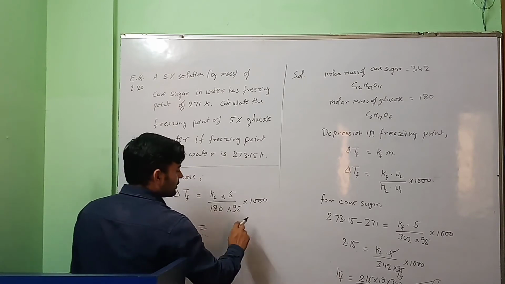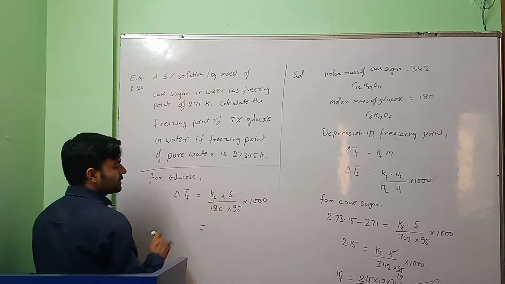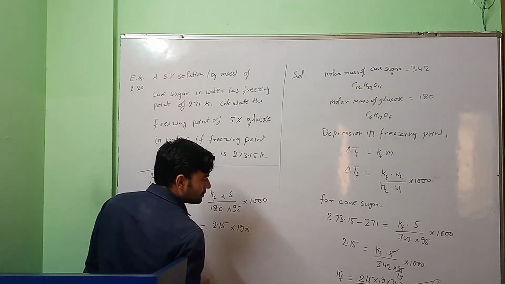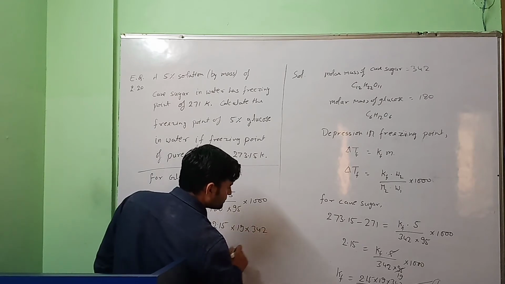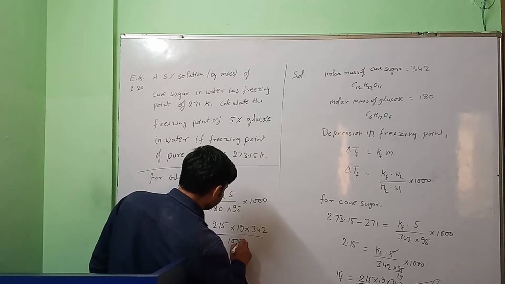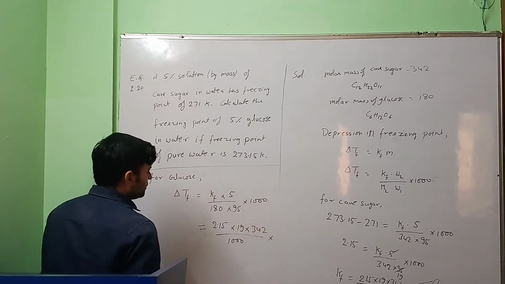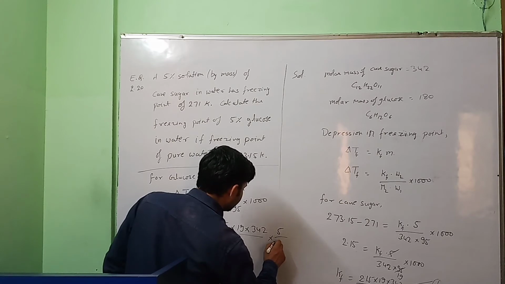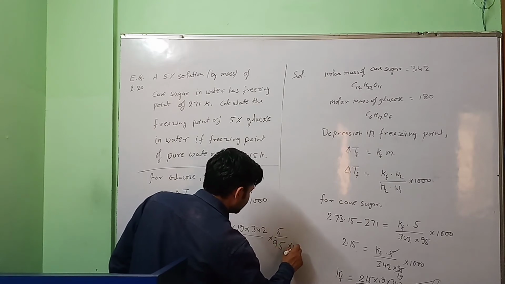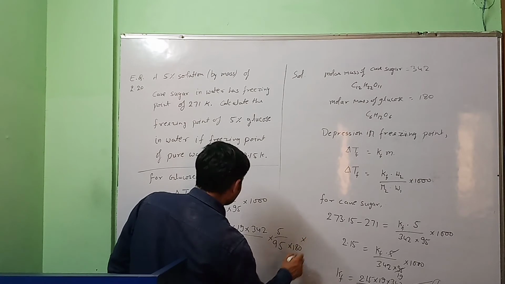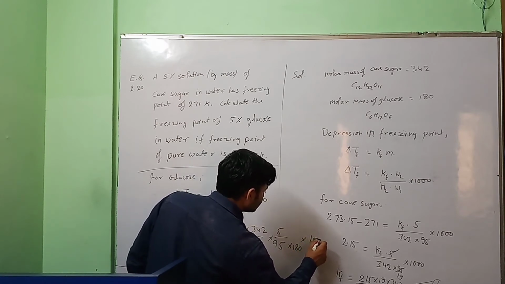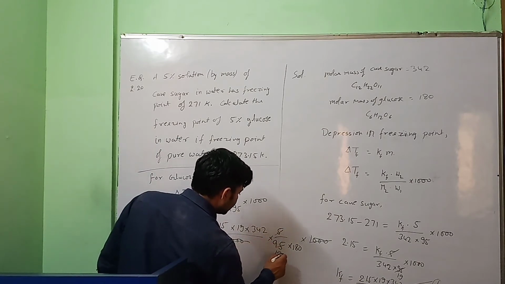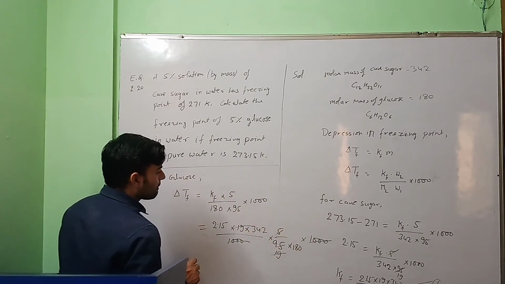So from equation 1 we can put the KF value: 2.15 into 19 into 342 upon 1000, so this whole is KF, then into 5 upon 95 into 180 into 1000. So this 1000 and this 1000 cancel, and 5 and this 19 also cancel.